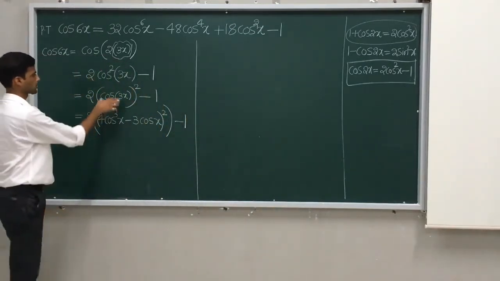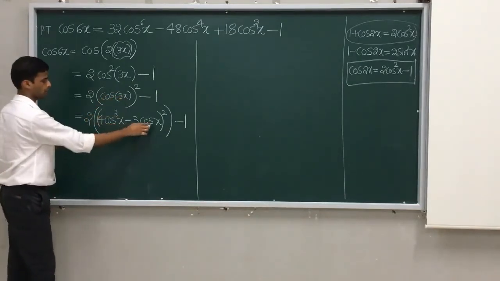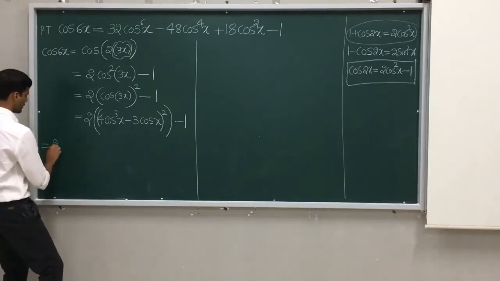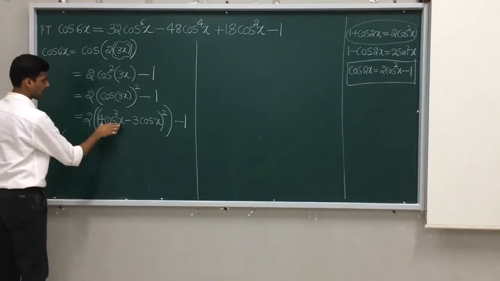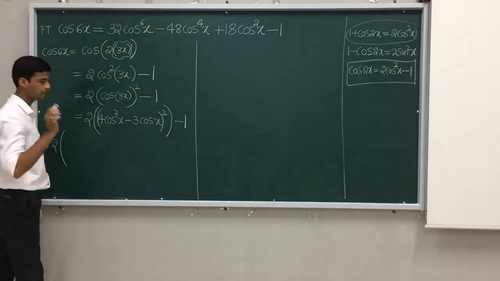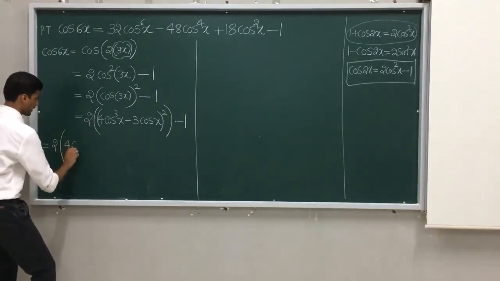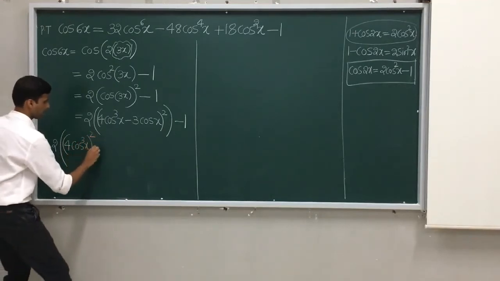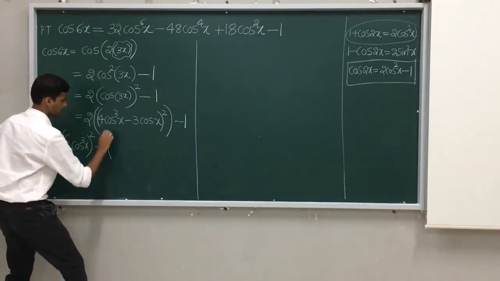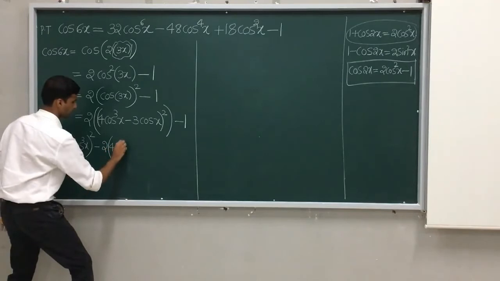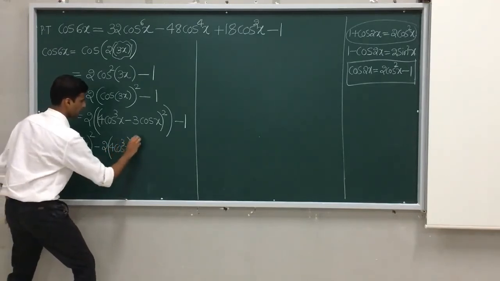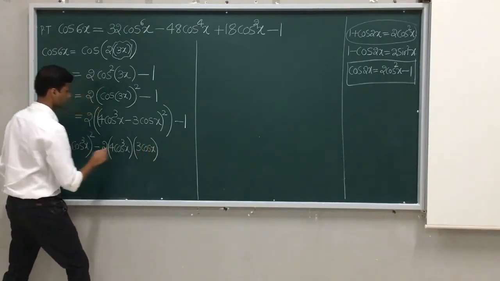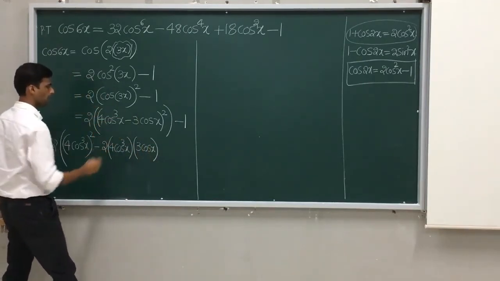Yes, I use the cos 3x formula, 4 cos cube x minus 3 cos x. Now, this is equal to 2 times, I use (a minus b) whole square. What is (a minus b) the whole square? A square, that is (4 cos cube x) the whole square, minus 2ab, 2 times 4 cos cube x into 3 cos x, plus b square.